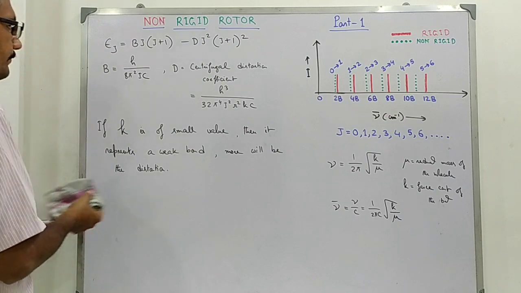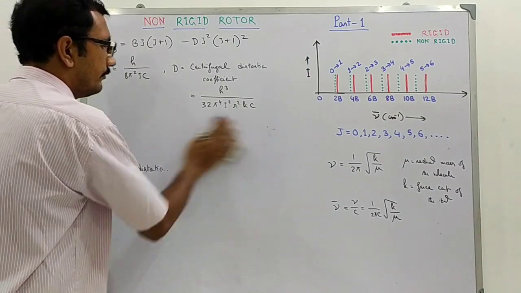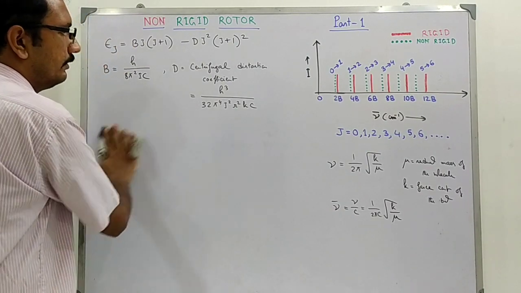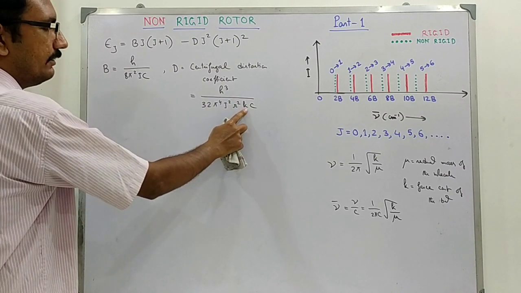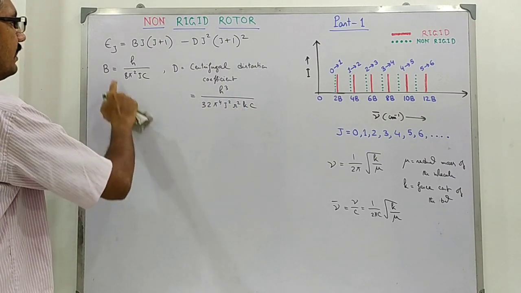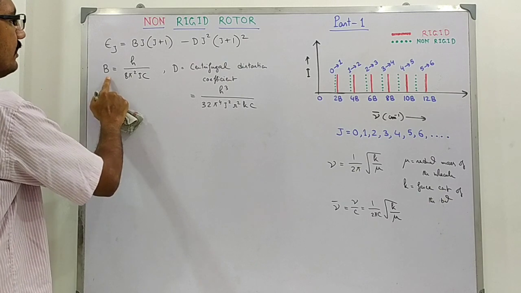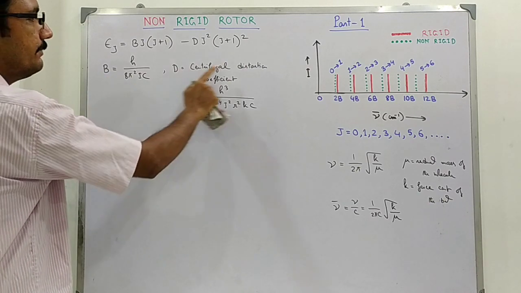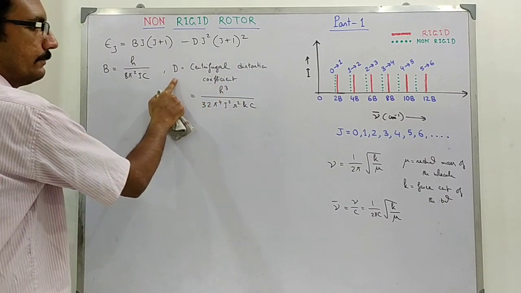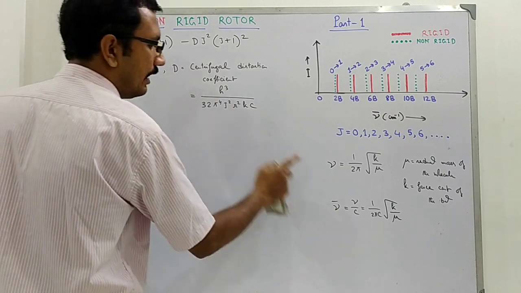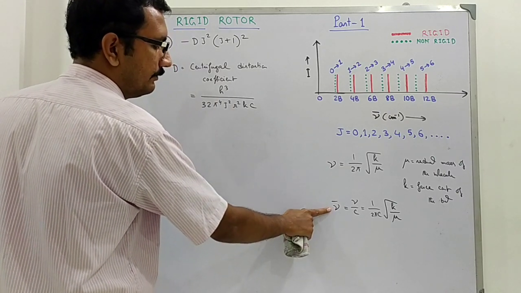Now, one thing, since we are getting k here, we will try to have a relation between the rotational constant B and the centrifugal distortion coefficient D in terms of this nu bar.